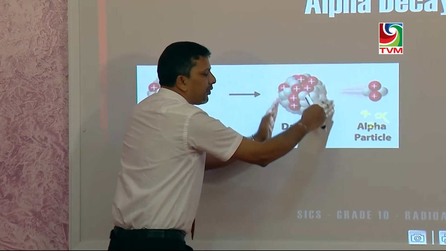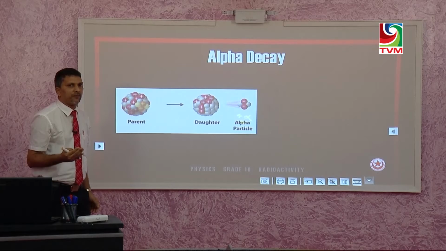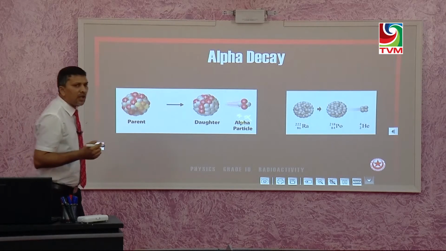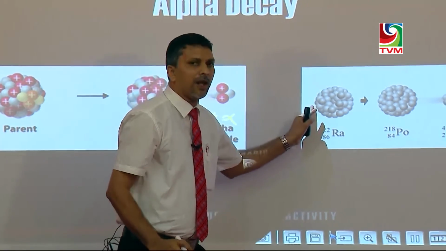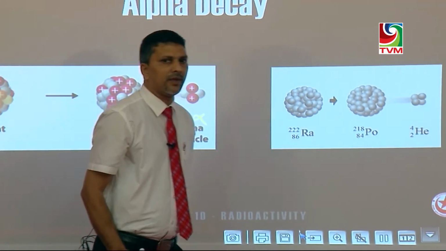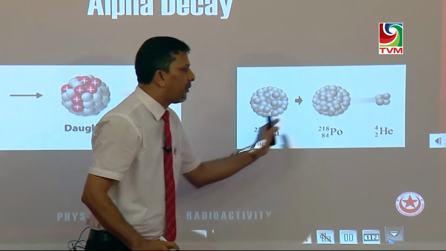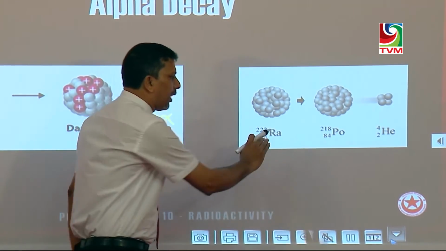So what will happen to the new element's atomic number and mass number? One example is here, radium 86, 222. This parent element emits 1 alpha particle, the same as a helium nucleus. So what are the changes in the new element?